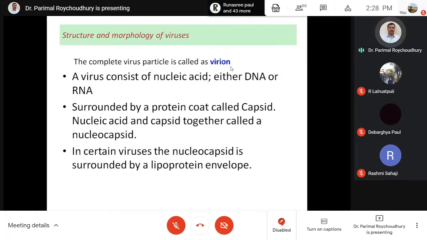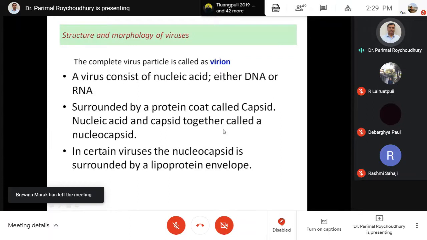If you see the simplest virions, they consist of a nucleic acid, either DNA or RNA, protected with a protein coat called the capsid, and together we call it the nucleocapsid structure. Again, I'm repeating, it is the simplest form of the virus. There are many viruses existing in this world simply as nucleocapsid structures.